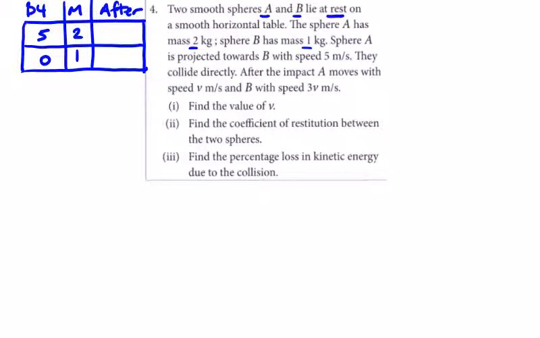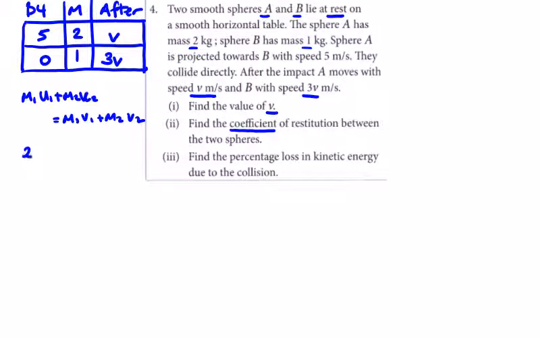we're going to be told then that after impact, the speeds are v and 3v. Find the value of v, and we're asked to find the coefficient of restitution, so let's have a look to find the value of v first. So using m1 u1 plus m2 u2 equals m1 v1 plus m2 v2 should help us solve for v.